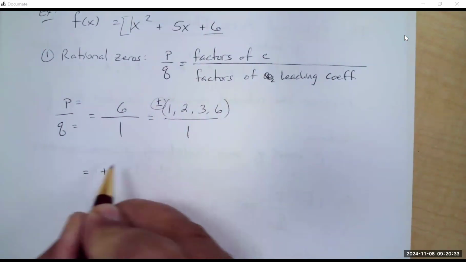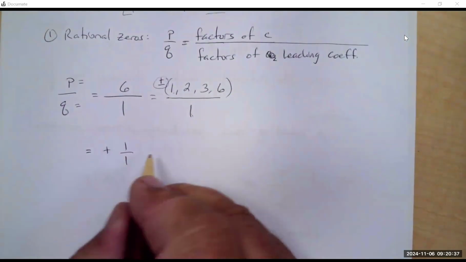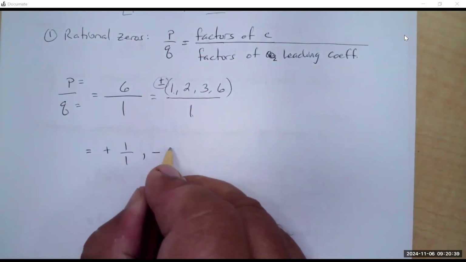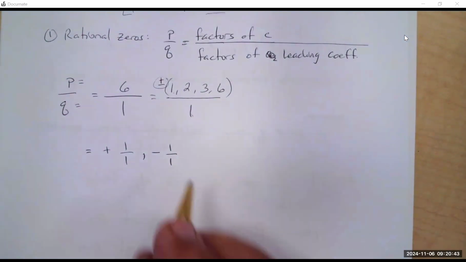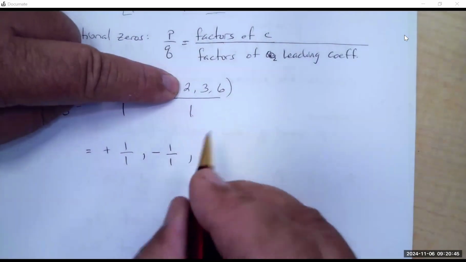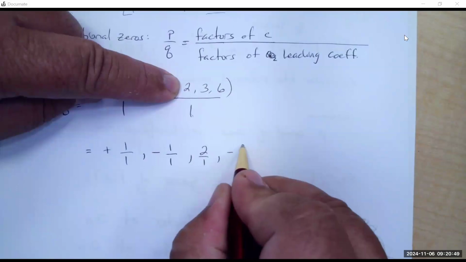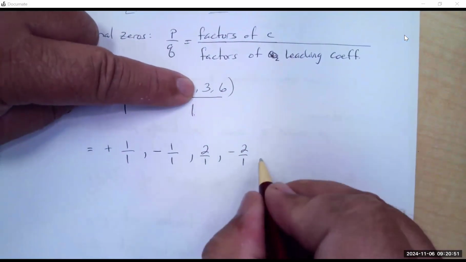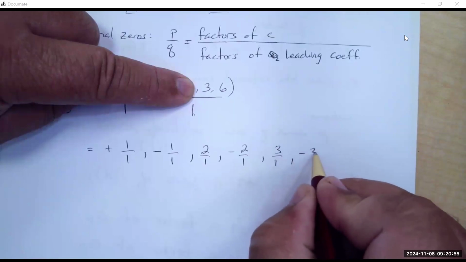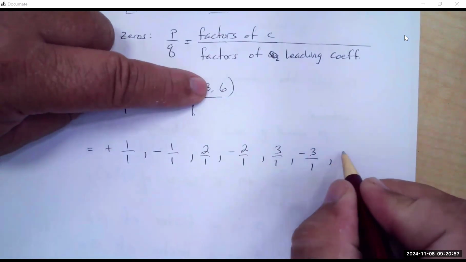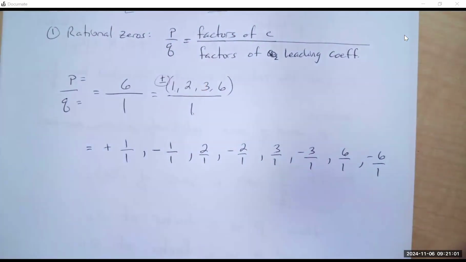So the first one can be positive 1 over 1, or negative 1 over 1. Then it could be positive 2 over 1 or negative 2 over 1. Positive 3 over 1, negative 3 over 1. And then 6 over 1, negative 6 over 1.